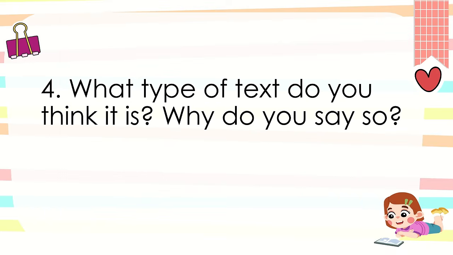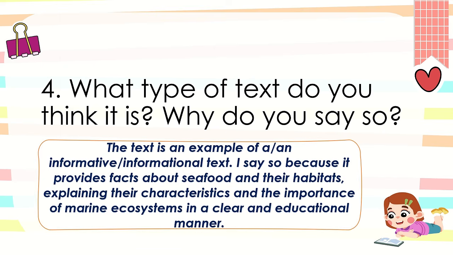What type of text do you think it is? Why do you say so? The text is an example of an informative or informational text. I say so because it provides facts about seafood and their habitats, explaining their characteristics and the importance of marine ecosystems in a clear and educational manner.